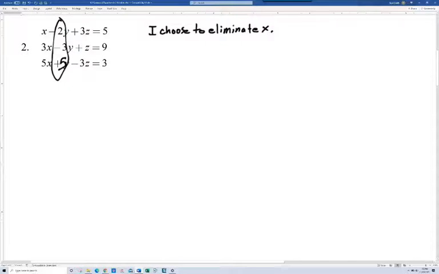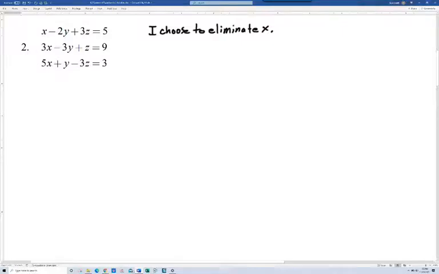So here I would not want to eliminate y in that situation. But a lot of times, if we can find a 1x or a 1y or 1z, we can use that to eliminate the x when we work with the other 2 equations.